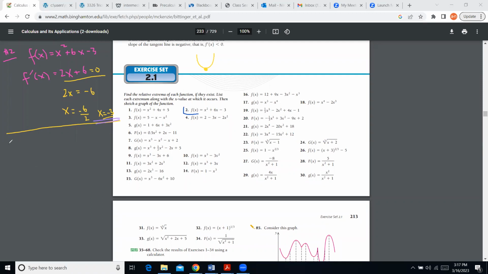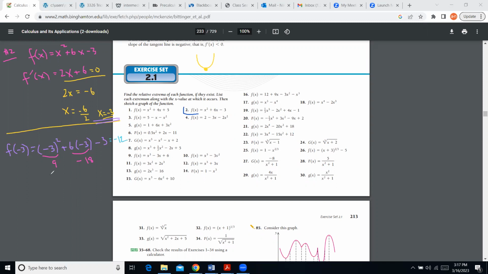But if you want to continue, then you use that number negative 3 in your function, and then calculate the y that corresponds to it. So in this example, we have 9 minus 18 and then minus 3. So this is going to be equal to negative 12.